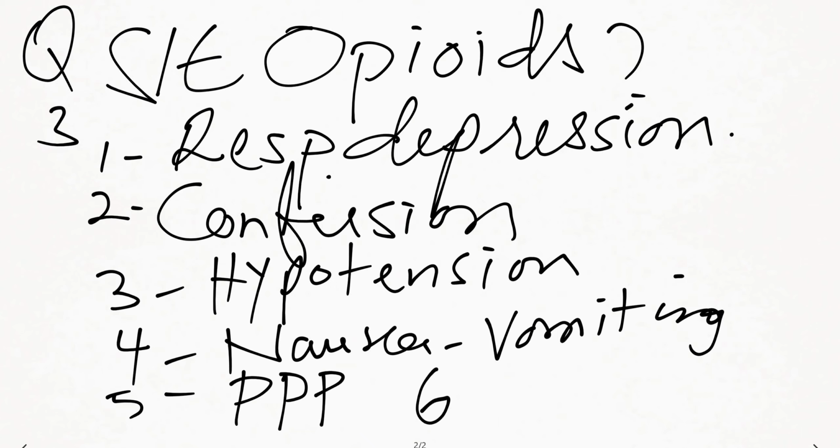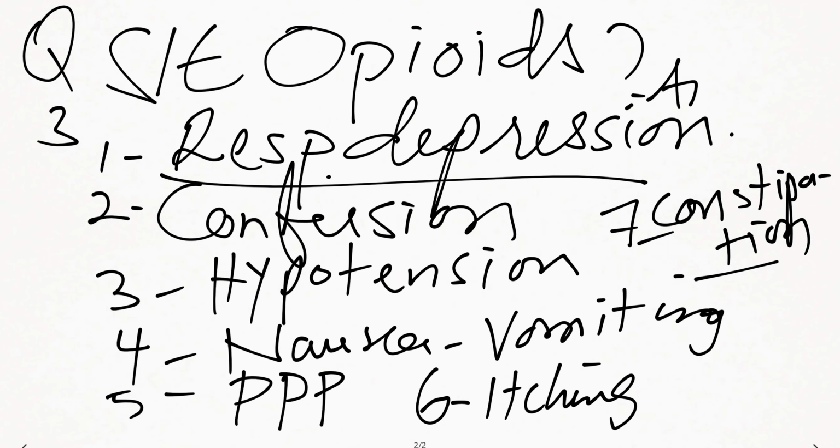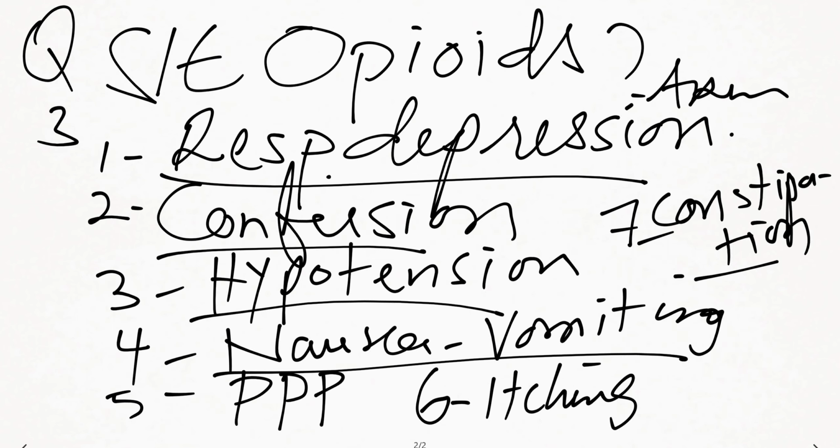Also itching, and if you want, constipation. All these are opioid side effects. So respiratory depression or apnea, confusion, hypotension, nausea and vomiting, pinpoint pupil, itching, and constipation.